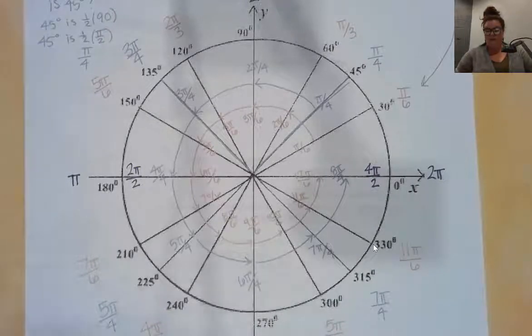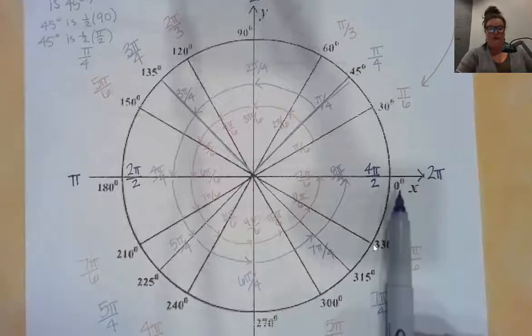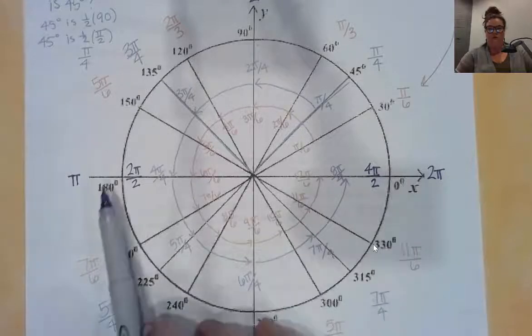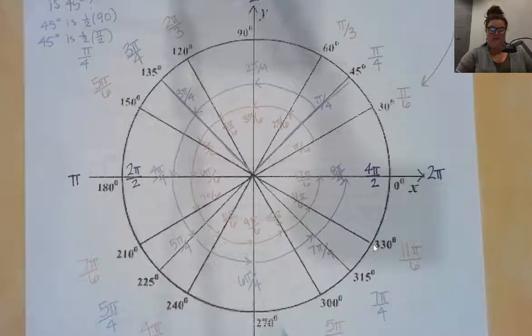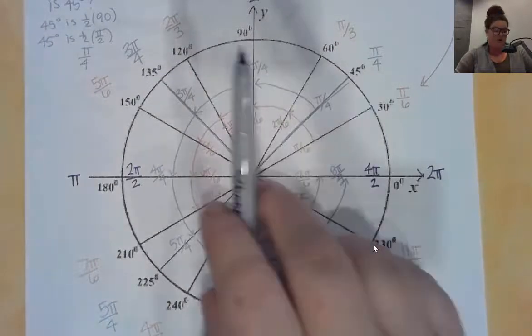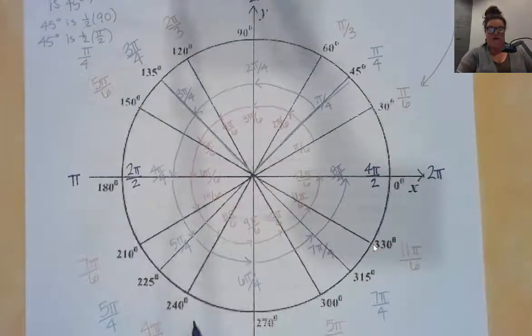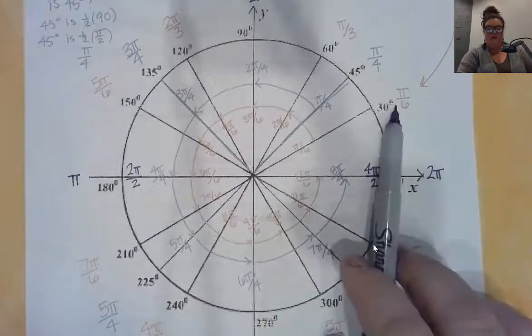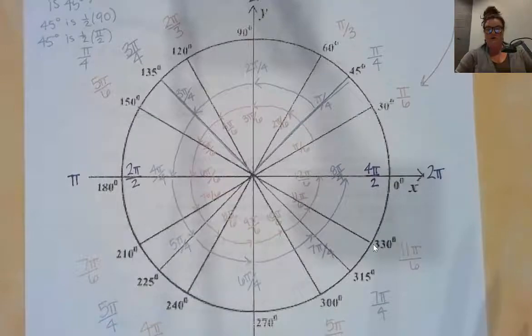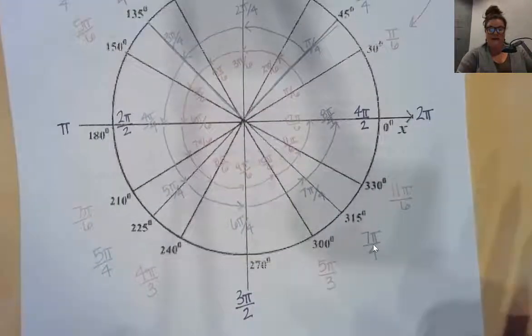So I will tell you, for your next exam, you will need to be able to label a blank unit circle. So if I just have 0, 90, 180, or whatever, you should be able to fill in either the degree measures and also the radian measures.